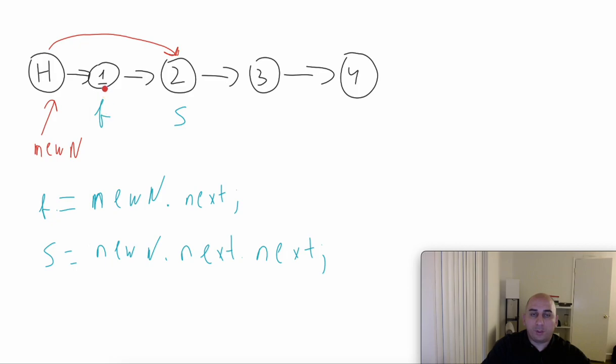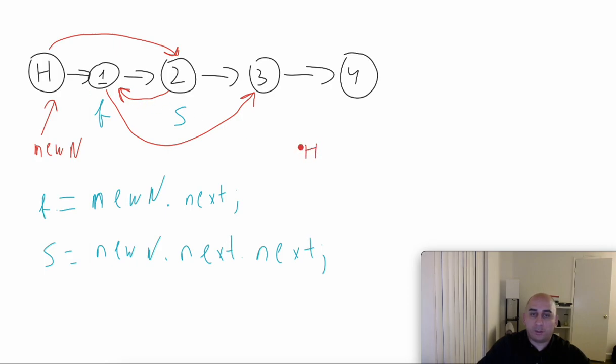The first node should point to whatever comes after the second, so the first should point to 3 in this case. Then the second will point to the first node. And that's it.